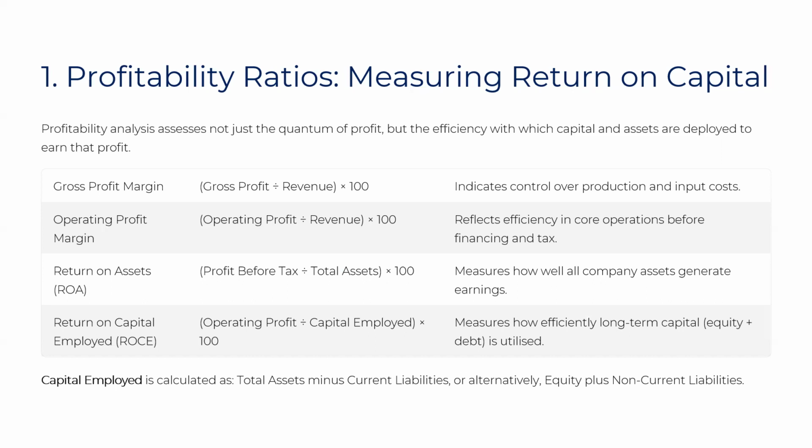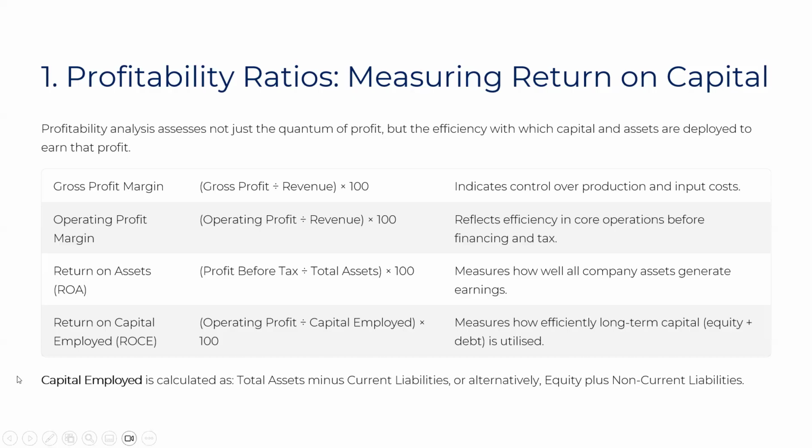So anytime you are calculating return on assets, you use profit before tax, divided by the total assets. Return on assets measures how well a company's assets generate earnings. If you say you have 100 million worth of assets, how much profit are you generating from those assets? That is return on assets.